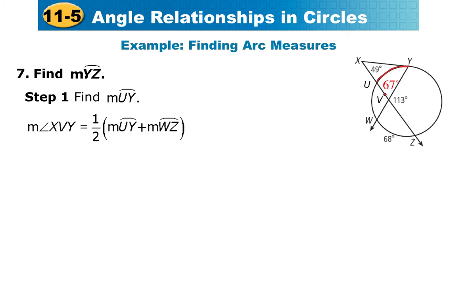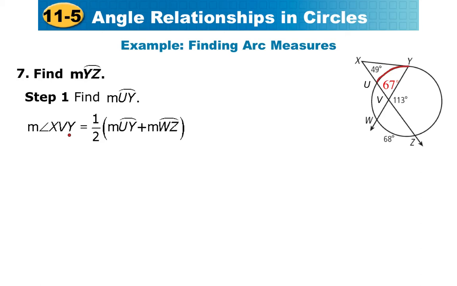And it says that the measurement of XVY is equal to half of this arc UY plus this other arc WZ. You add these 2 arcs and divide by 2, and you get the measurement of this angle XVY.